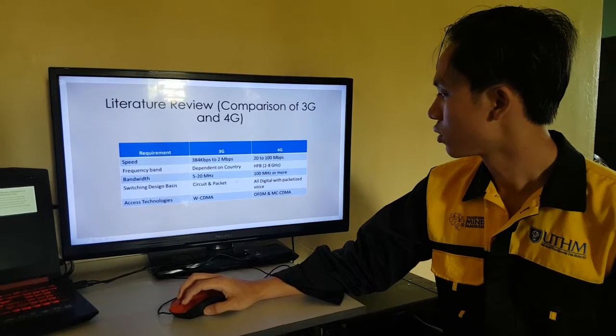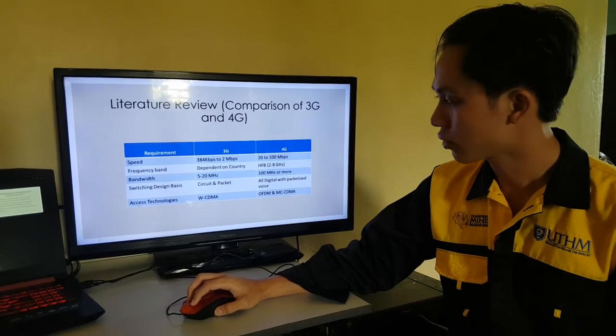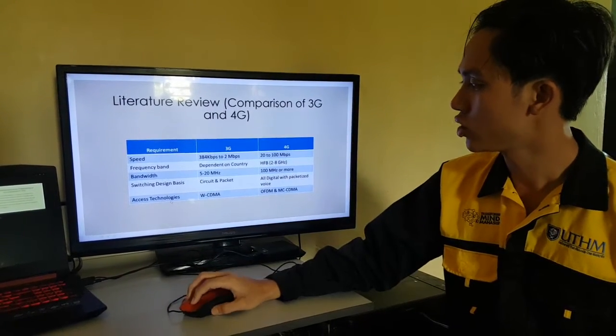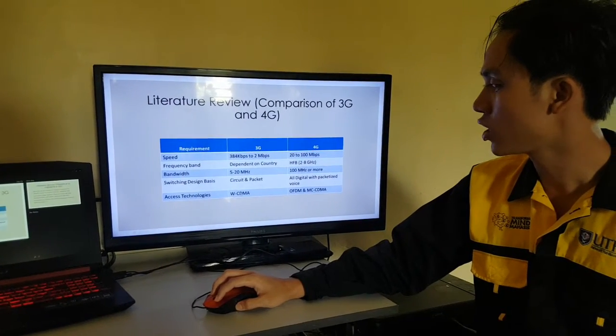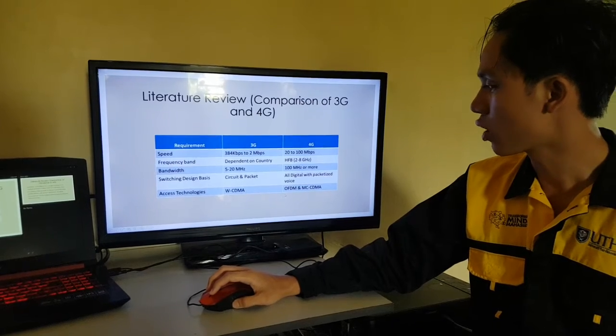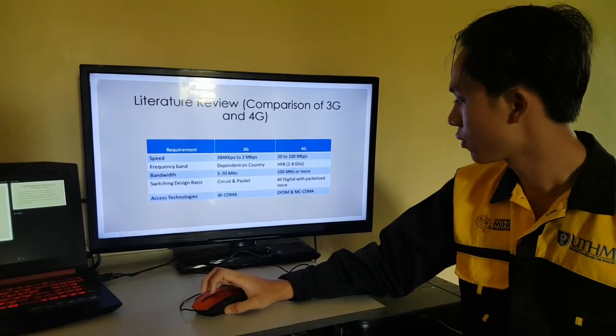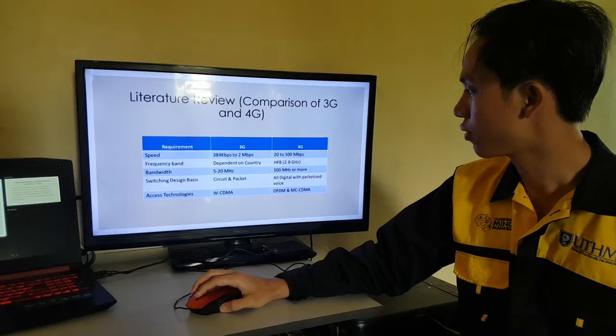And for access technologies, 3G uses WCDMA, while 4G now is using OFDM and MC-CDMA.